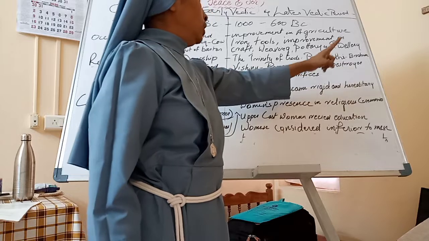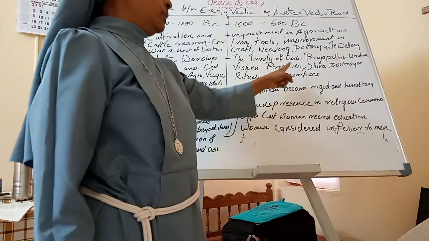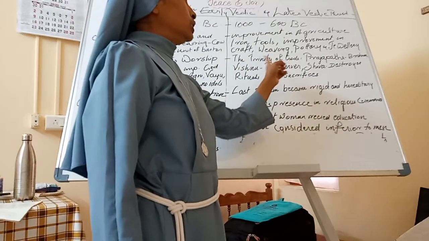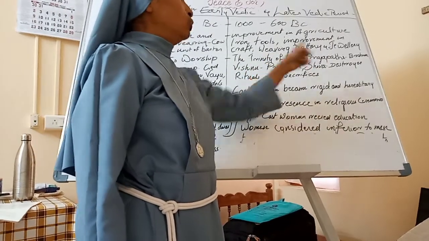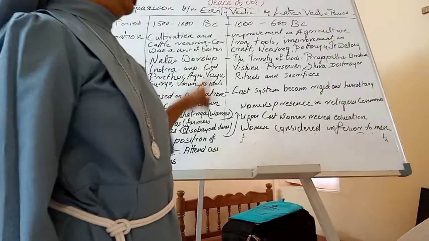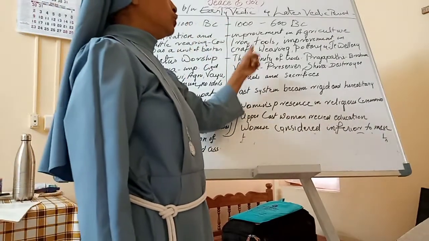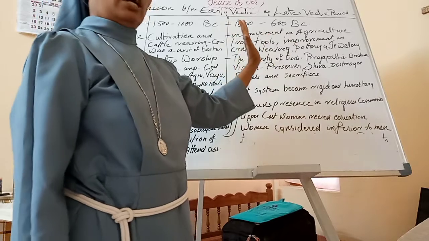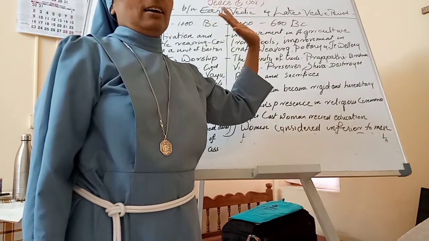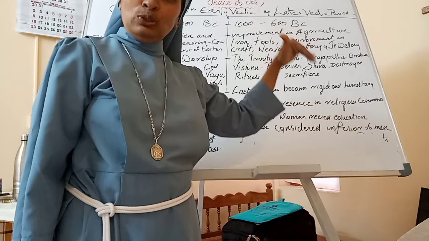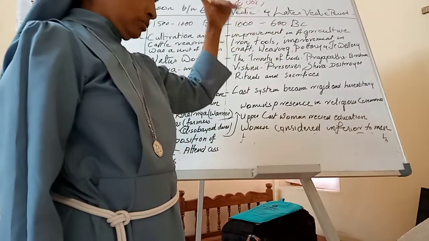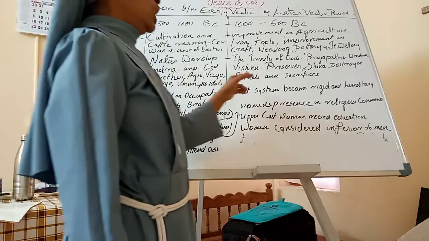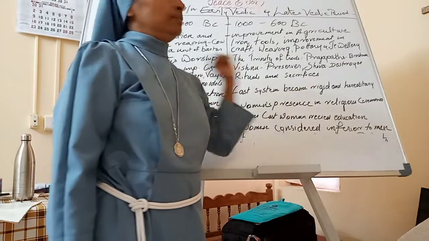Then Vishnu the preserver, Shiva the destroyer. These were the Trinity of God. They worshipped the Trinity of God. Coming to the later period, we understood that nature worship came down, and the Trinity of God was important. Rituals and sacrifices were there.